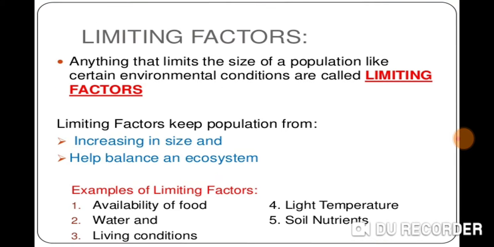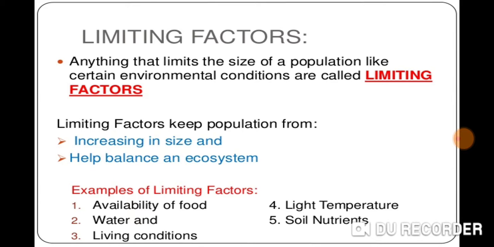Limiting factors. Limiting factors are those factors that limit the size of a population in that community. Increasing the size of a population and maintaining a balance in an ecosystem, this balance is created by certain limiting factors.